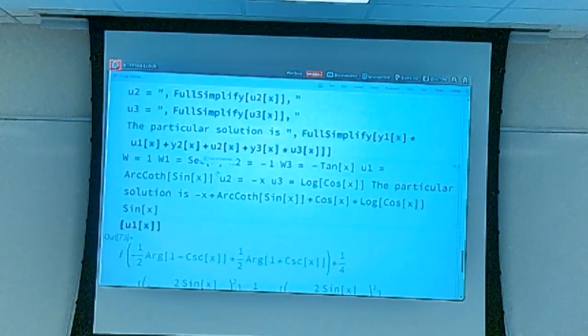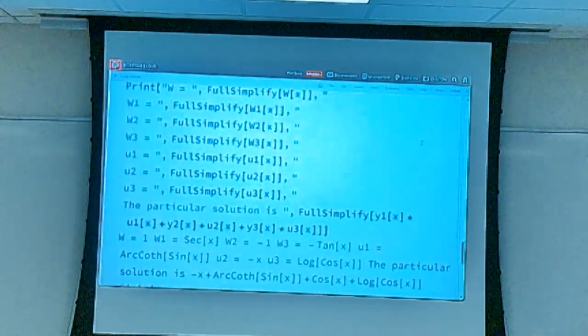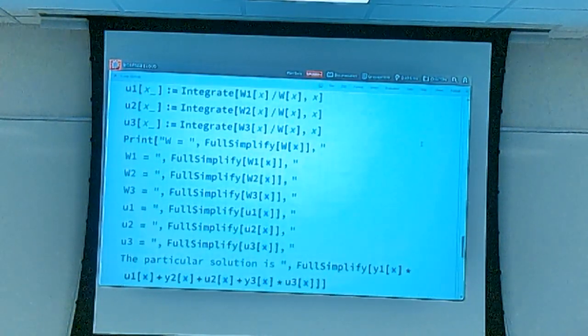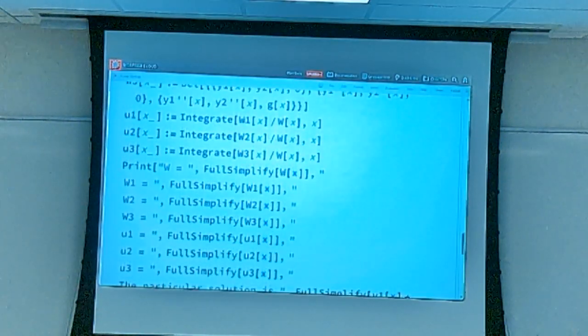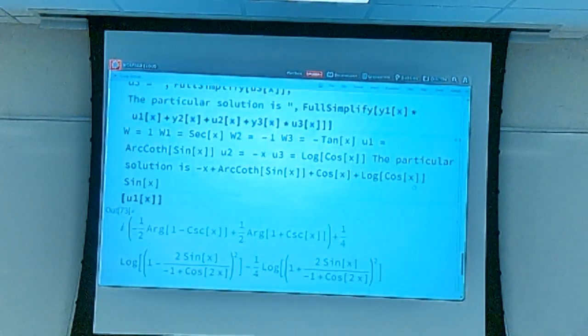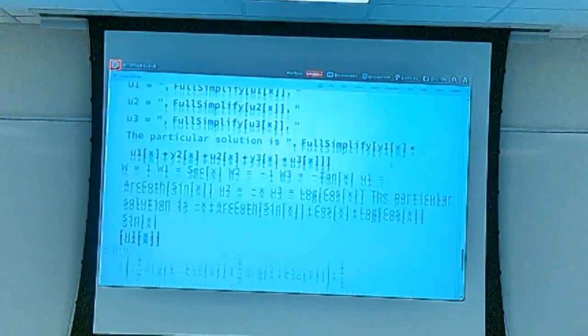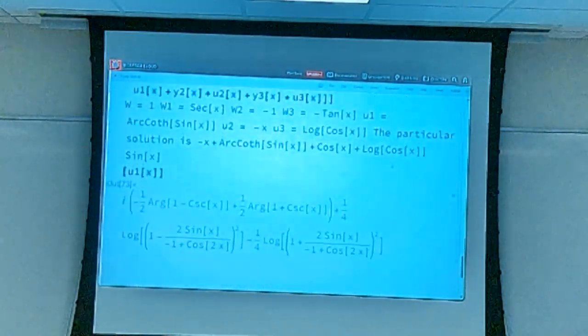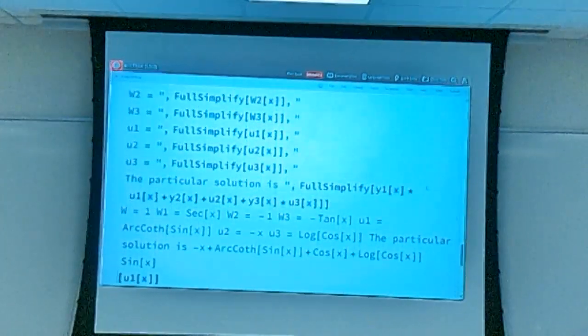Secant, right? Okay, so I don't know what's going on.